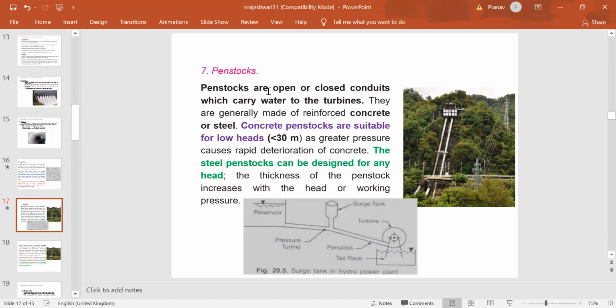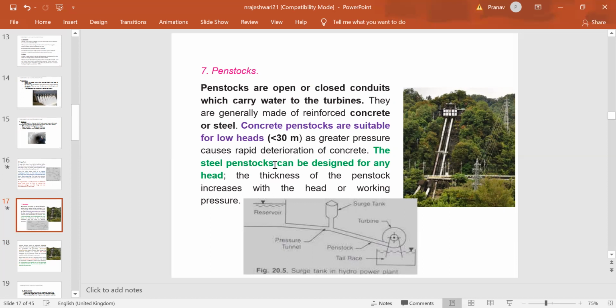The penstocks are open or closed conduits which carry water to the turbines. So these are carrying water to these turbines. They are generally made of reinforced concrete or steel. Concrete penstocks are suitable for low heads, that is, less than 30 meters, as greater pressure causes rapid deterioration of concrete.